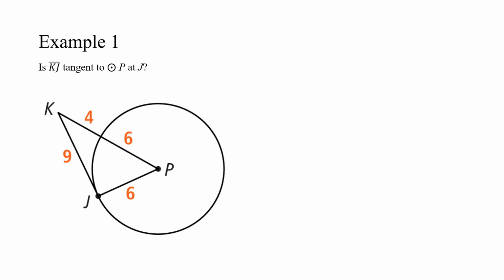KJ has to make a 90-degree angle with the radius JP. And if that's the case, then we have a right triangle, and all right triangles need to follow the Pythagorean theorem. So assuming that KJ is tangent, it does make a 90-degree angle. Let's see if it follows the Pythagorean theorem.